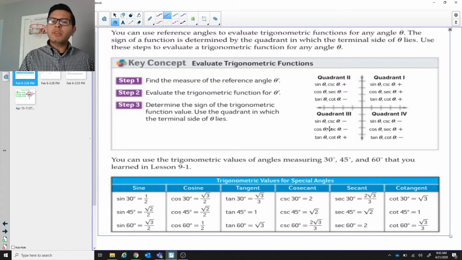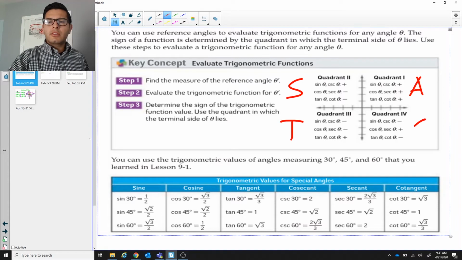Quadrant 3, a similar thing happens. Only tangent and cotangent are going to be positive. And quadrant 4 is going to be something similar again, where cosine and secant are going to be positive, where the other two are going to be negative. There is a cool way to memorize which ones have what, and that is going to be "All Students Take Calculus." I learned this in calculus class.